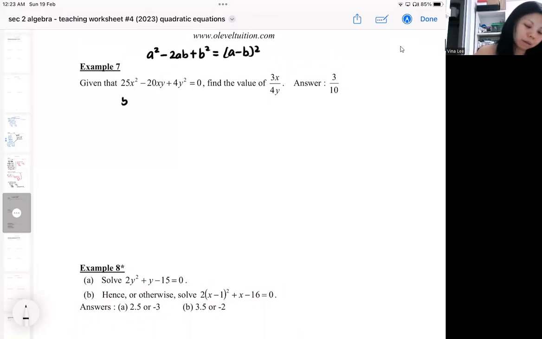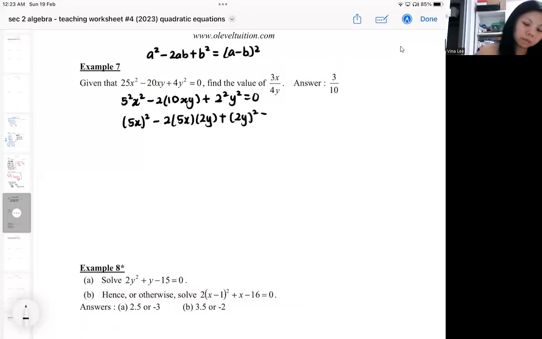So if you are trying to observe, this one is like a squared minus 2ab plus b squared.